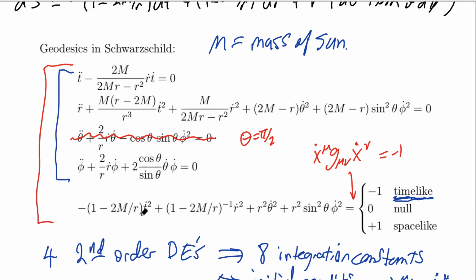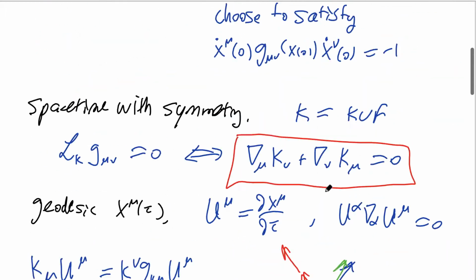So let's go ahead and write down our three first integrals, and they will constitute first integrals of these three non-trivial geodesic equations. So this equation I'll write down with theta set equal to pi over 2, so this term vanishes and the sine squared theta is just equal to 1.